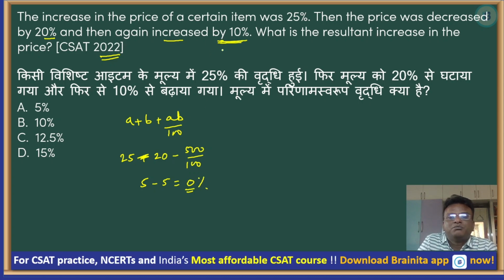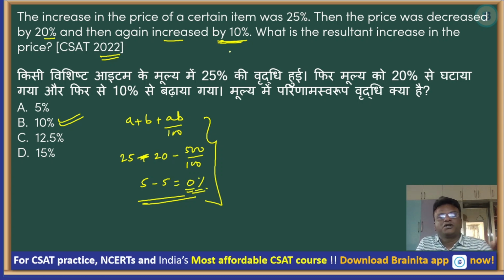Then it is increased by 10%. So obviously the answer is going to be 10%. In the first two changes, there was no change in the price. The difference was 0%. That means whatever third change you did, which is an increase of 10%, is the increase from the original price, because you came back to the original price after the second decrease. Your answer is going to be 10.